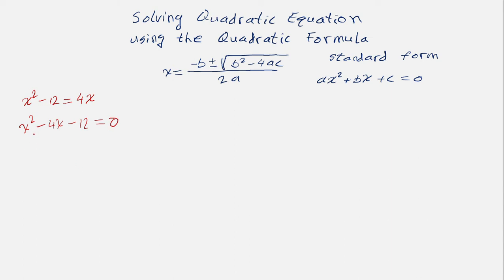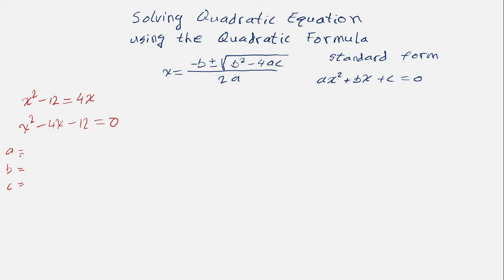So now we have our square term, linear term, and the constant term, which means we have it in standard form. Then I would recommend that we write down our a, b, and c, our coefficients, so we can use them later on.